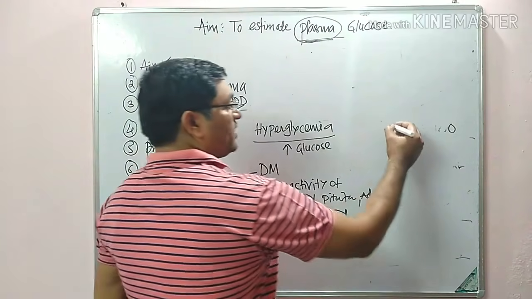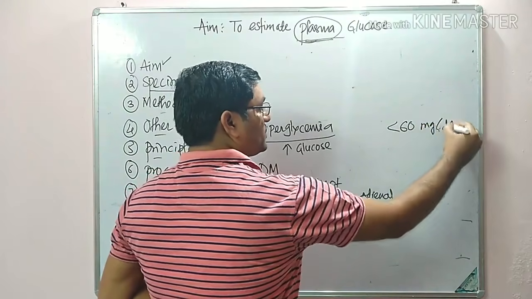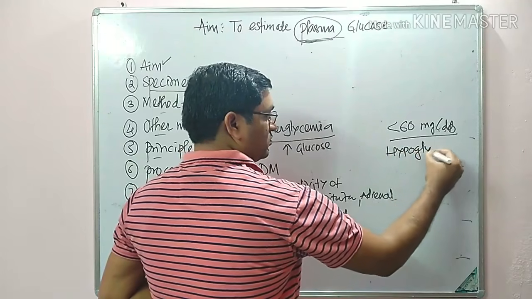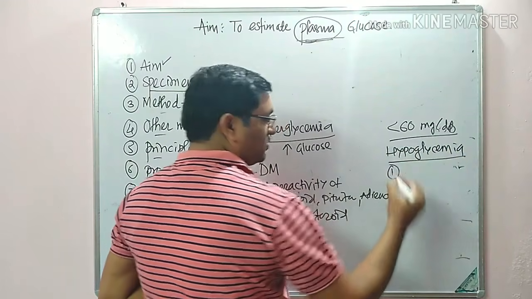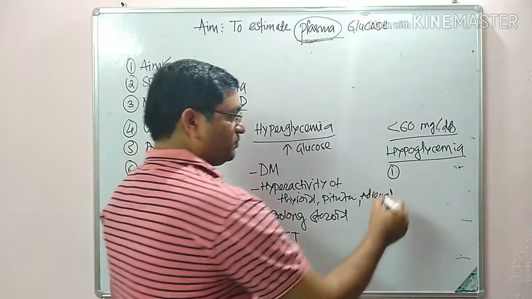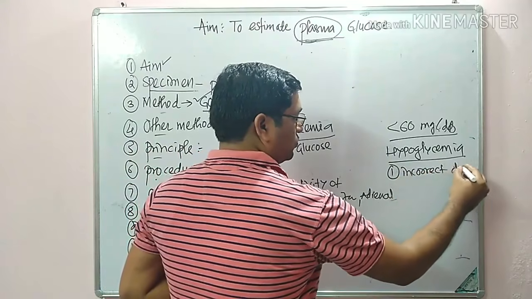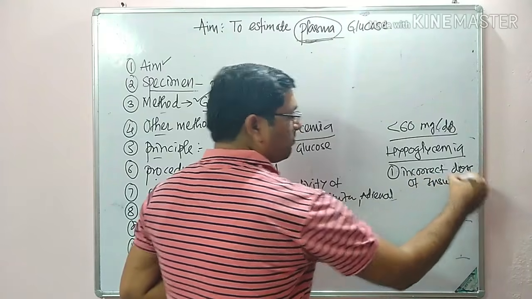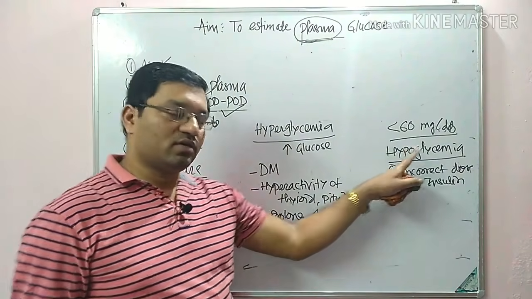Now hypoglycemia: when blood glucose level is below 60 milligram per deciliter, it is known as hypoglycemia. The most common cause of hypoglycemia is incorrect dose of insulin, or skipping of meal after taking insulin. This is the most common cause of hypoglycemia.